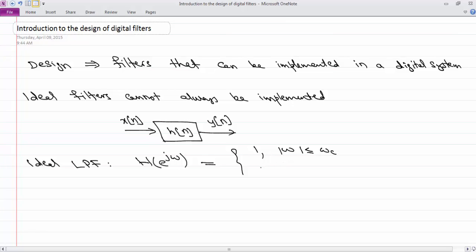Let's say pi by 4, and it's 0 for omega c less than or equal to omega less than or equal to pi, and of course then it periodically repeats itself. Okay.